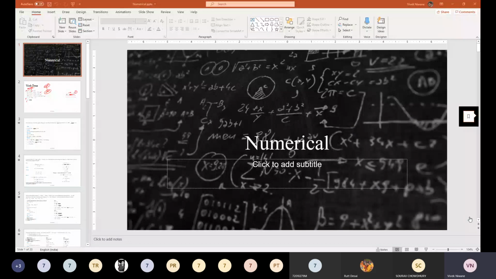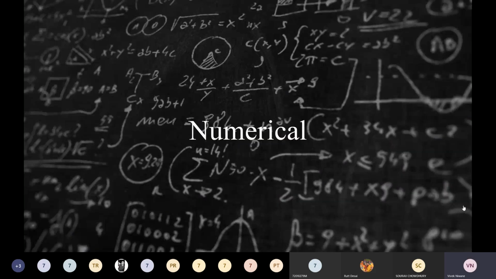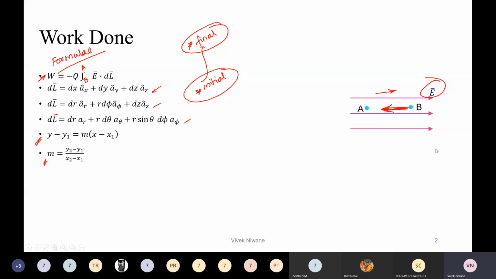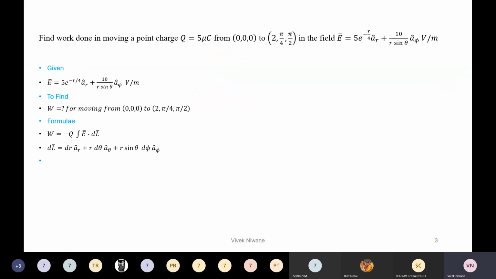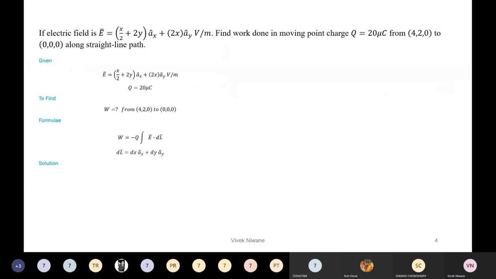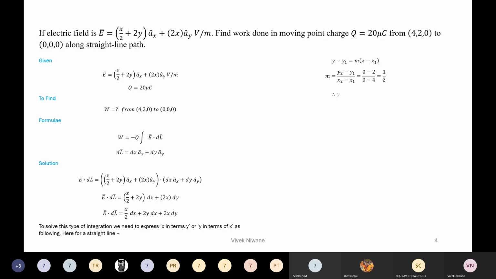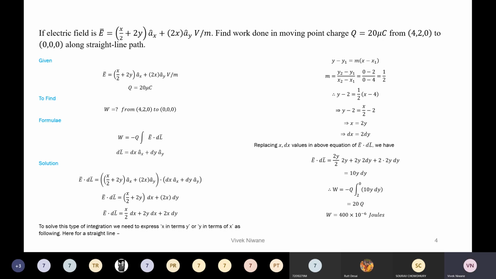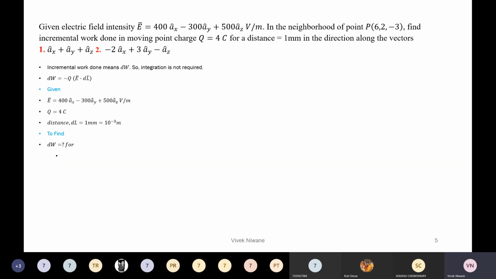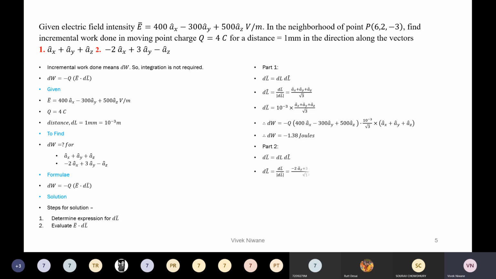Yesterday we were discussing the numericals, am I right? We solved this numerical in yesterday's session. We solved the first part of this numerical and the second part was given as homework.